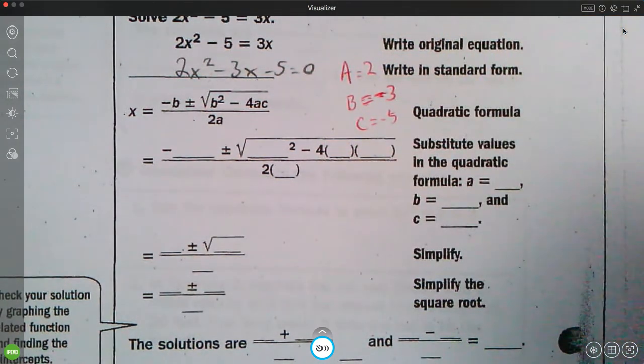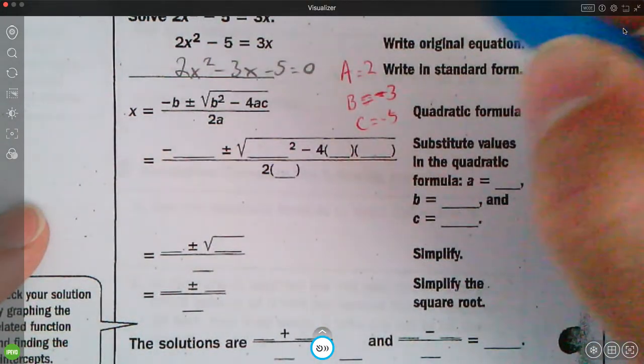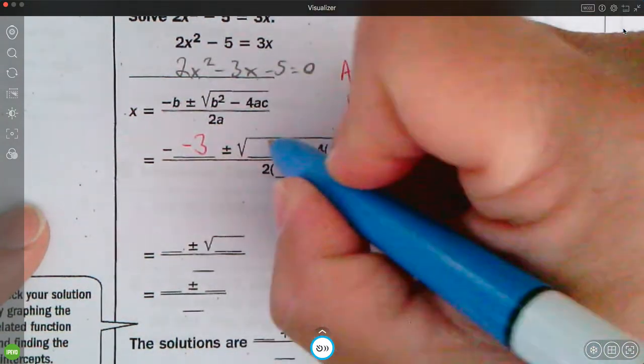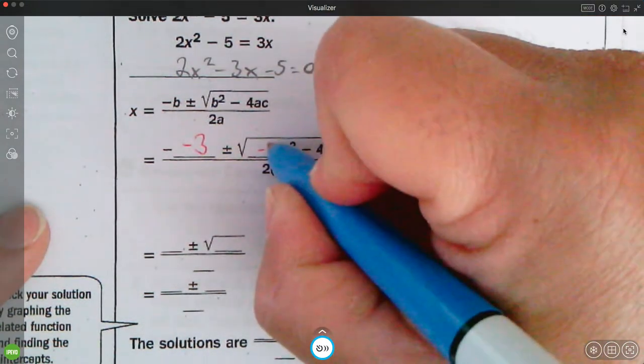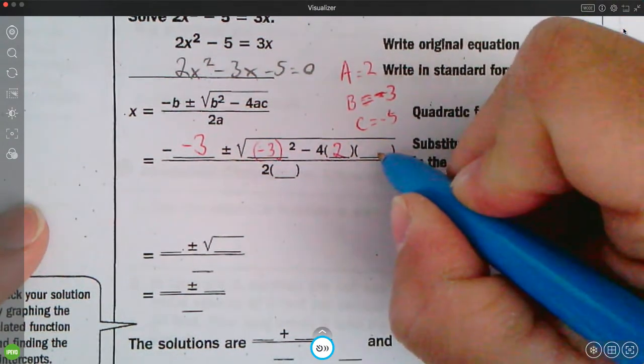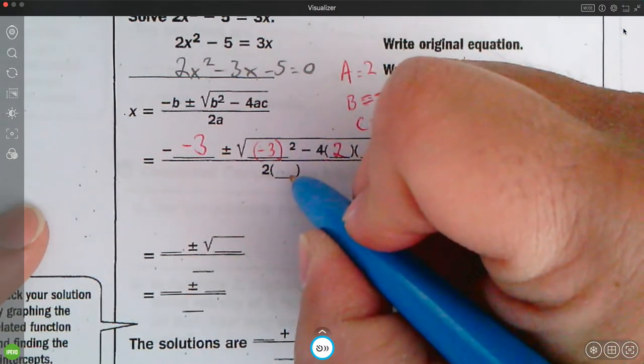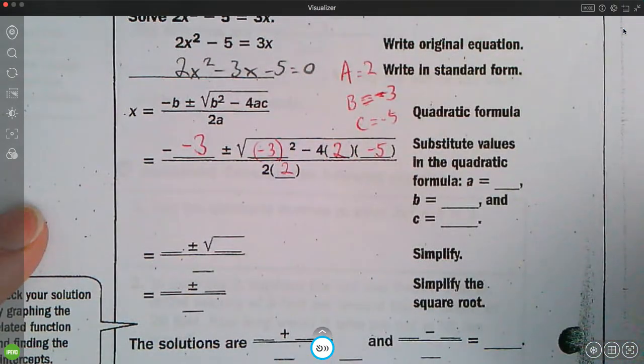So now when I start plugging in, this is kind of nice that it's written for me. Negative b, negative -3, and then -3 squared minus 4 times a times c, all divided by 2a, 2 times 2.